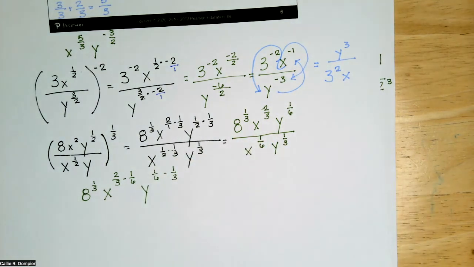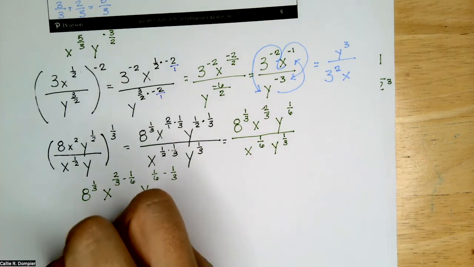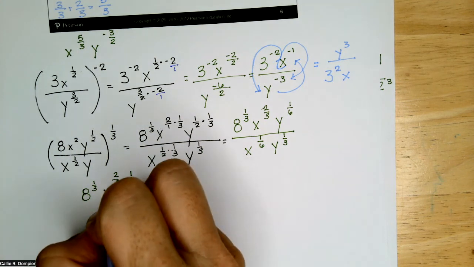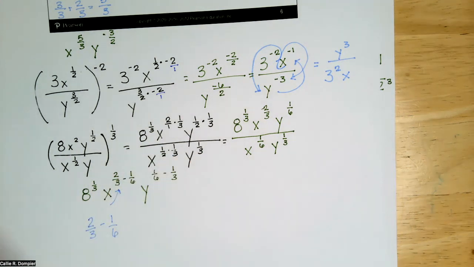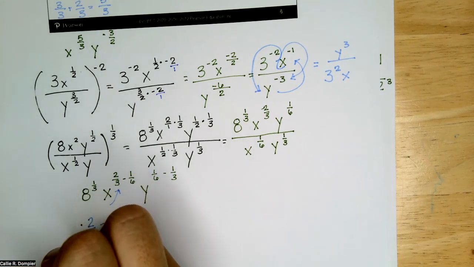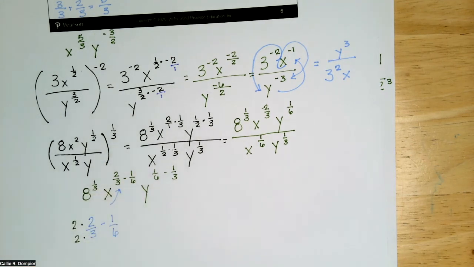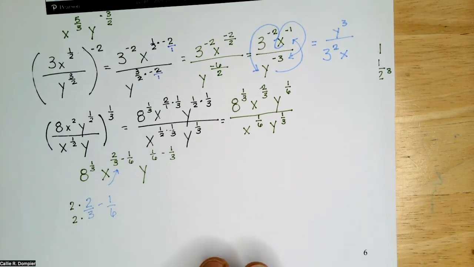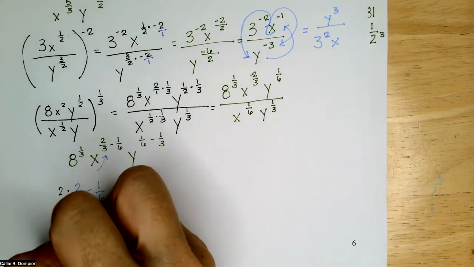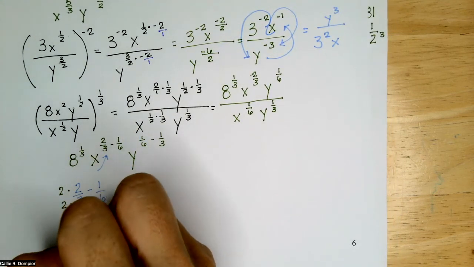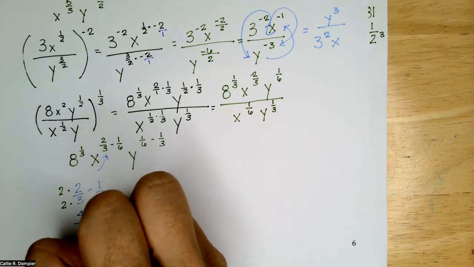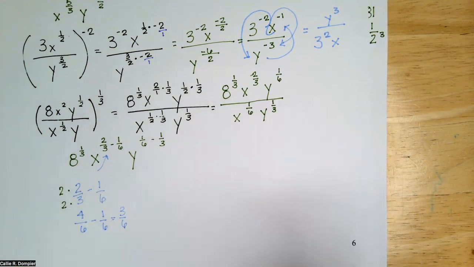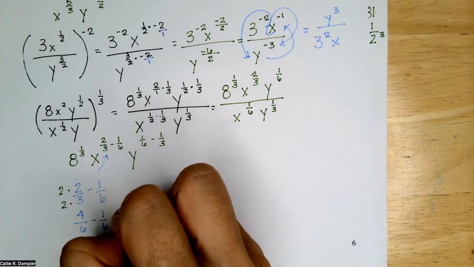Good. If we're adding or subtracting, we need them to have a common denominator. So 2/3 minus 1/6. I need to multiply both of these by 2 so that they have a common denominator. 2/3 becomes 4/6 minus 1/6 is 3/6 or 1/2.